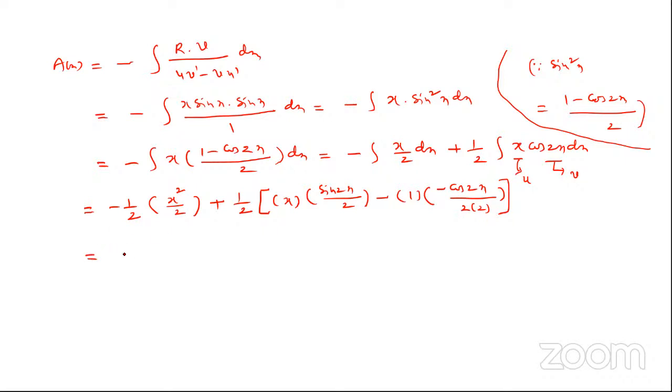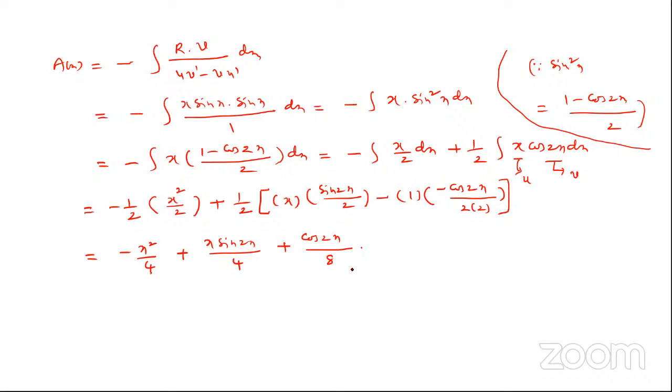Upon simplification, the first term is x square by 4, the second term is x into sin 2x divided by 2, 2 twos are 4, then minus into minus plus, the numerator is cos 2x divided by 2, 2 twos are 4, 4 twos are 8. So what is a of x value so far? Minus x square by 4 plus x into sin 2x by 4 plus cos 2x by 8.